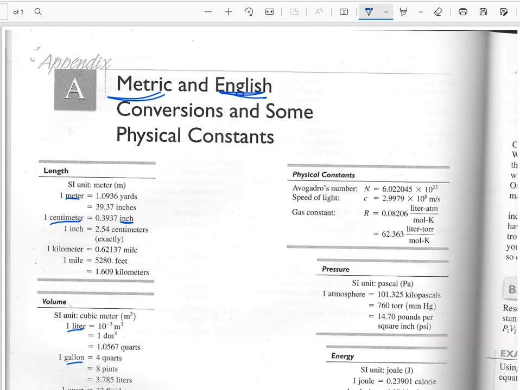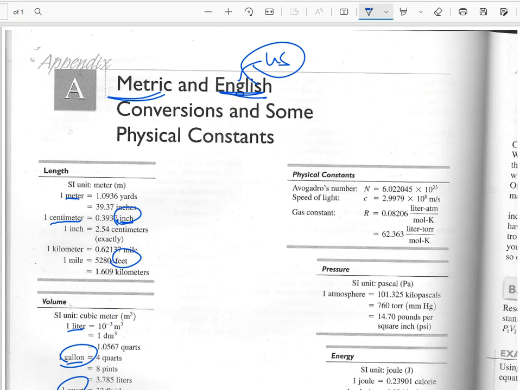So what is the English unit and what is the metric unit? Well, folks, here in the United States we still use quite a bit the English system. When I say that, we measure things very often in terms of inches and feet and gallons and quarts, and we're not really measuring things in the metric system.